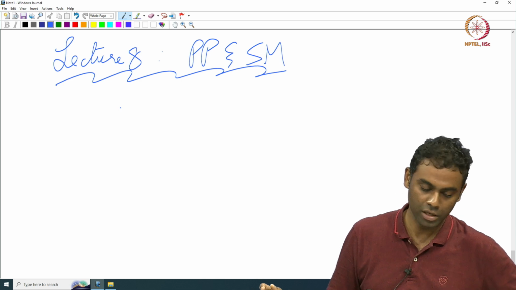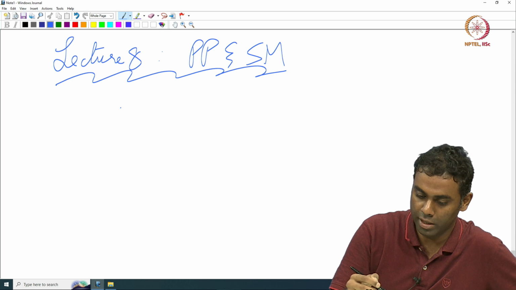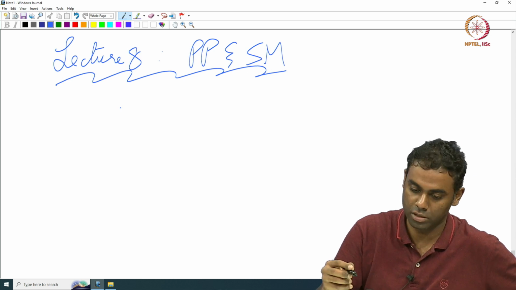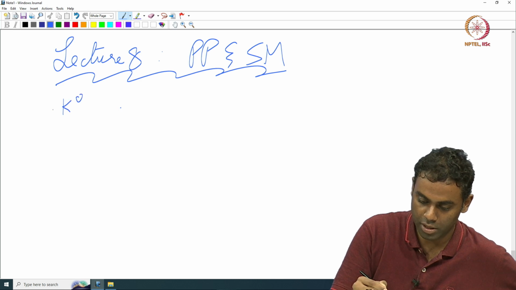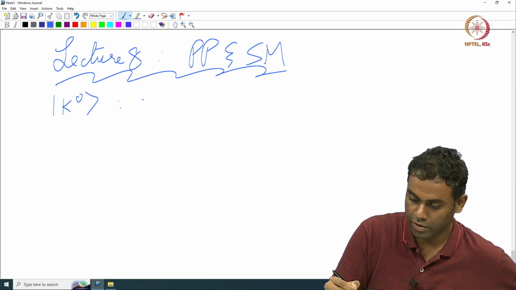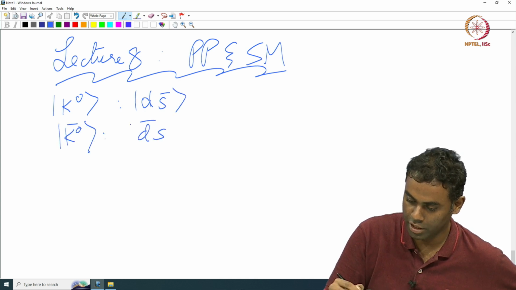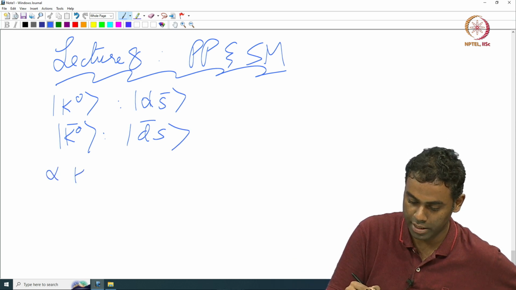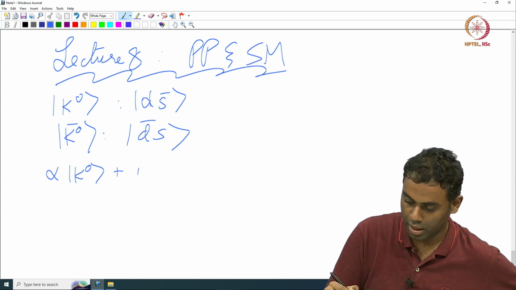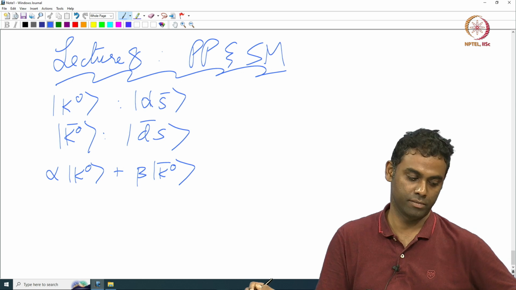Okay. So we saw that the system where the CP violation in weak interactions was detected was the kaon system, and in particular we looked at K0, which is a d s-bar state, and K0 bar, which is a d-bar s. And it is linear combinations of these that we would measure, depending on what we are measuring.